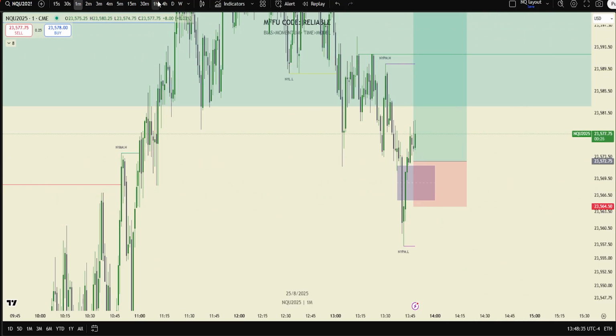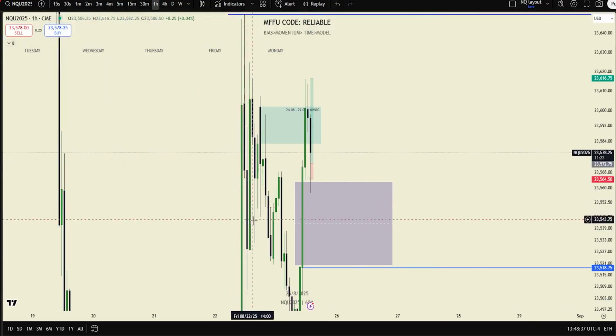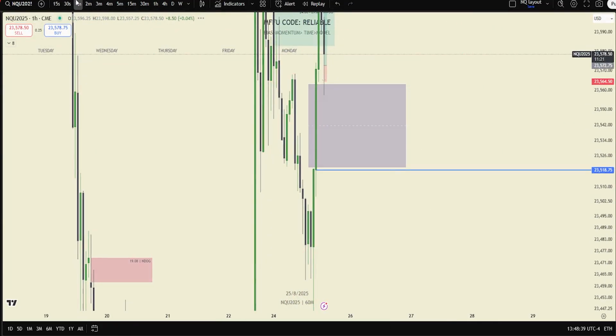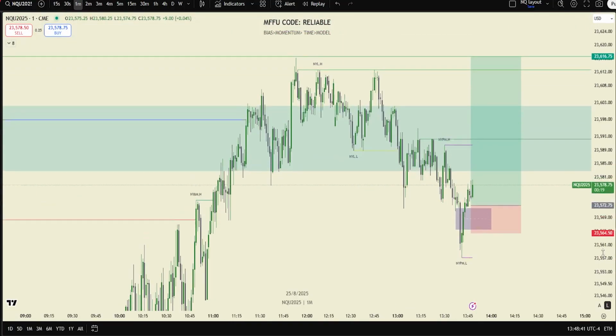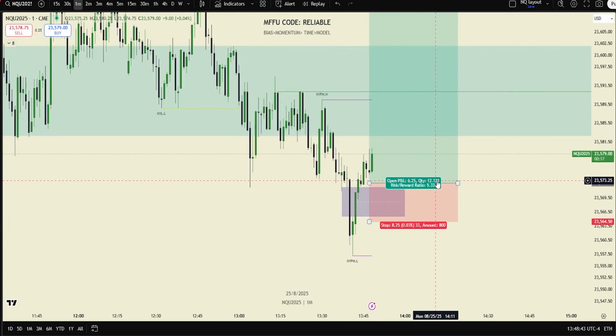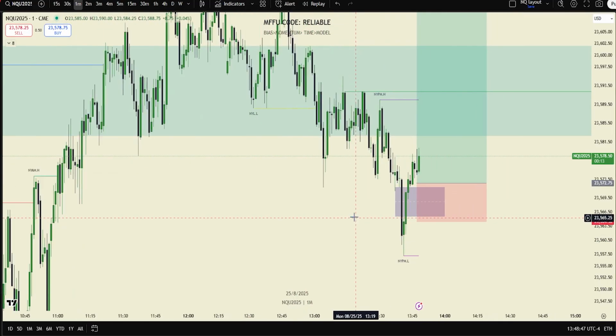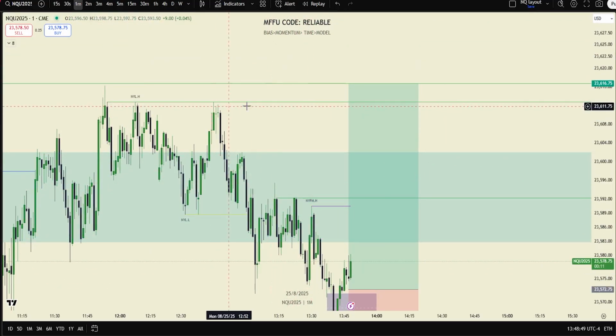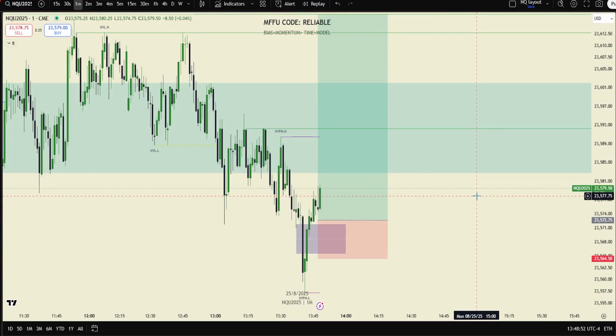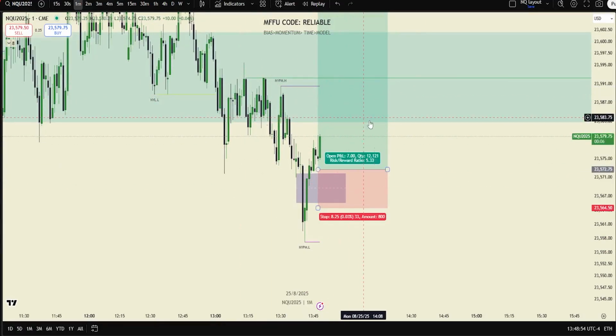It's kind of playing out. We've retraced this unfilled 1 hour gap here, and we're getting a decent reaction out of it with this 1 minute inverse. So I said this would be a good eval play just because of the context of the overall market. It's been kind of a choppy day, but I like the triple equal highs here and here as draws. So we're watching the dream scenario play out right now.